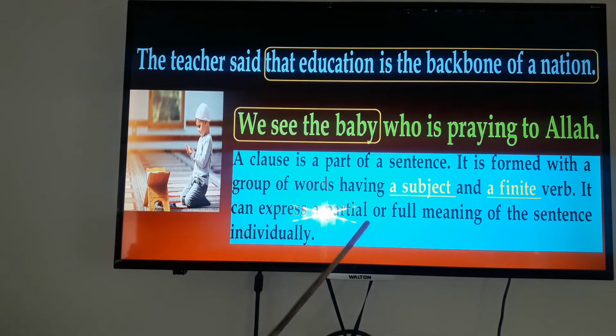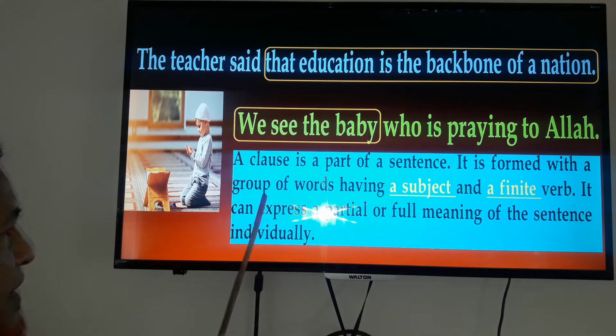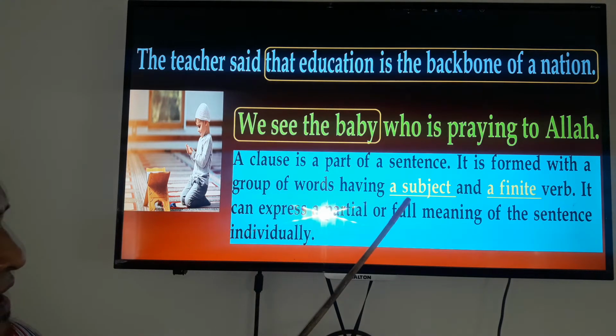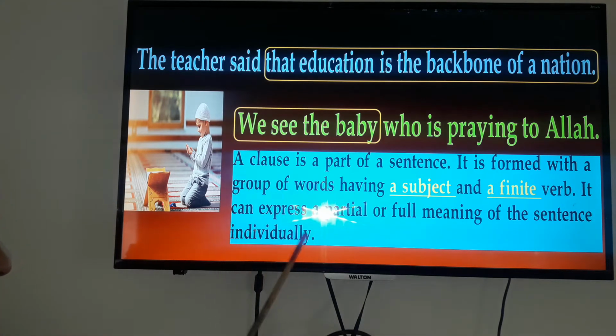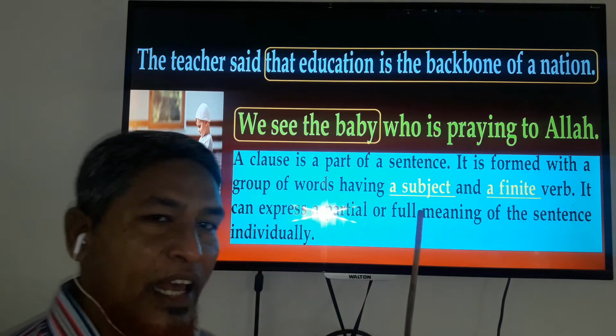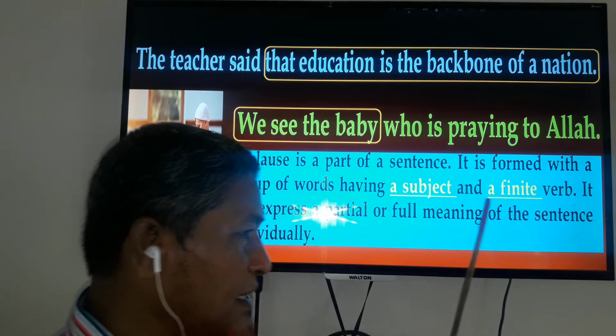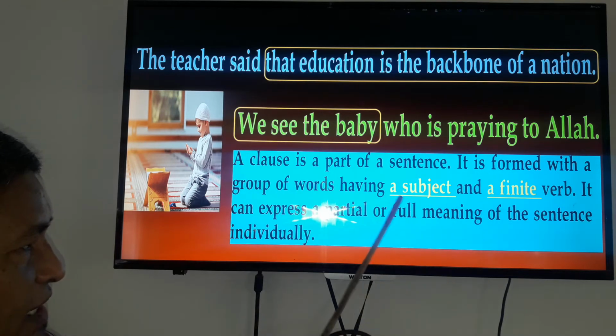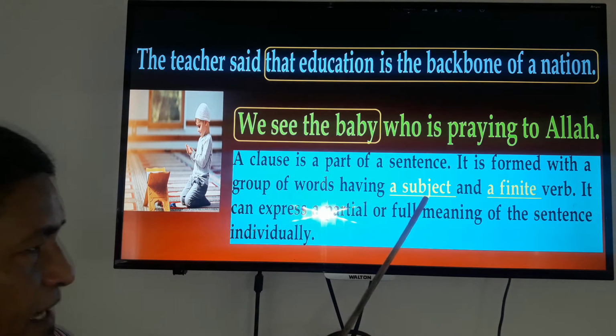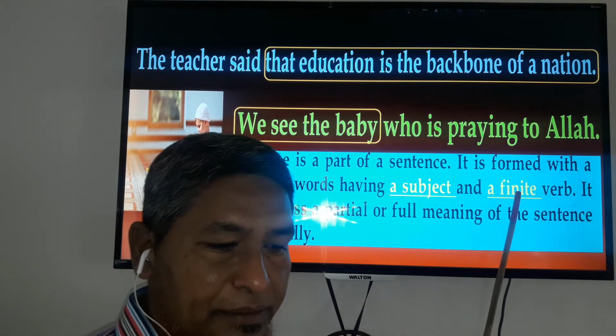So here is a definition of clause. A clause is a part of a sentence. It is formed with a group of words having a subject and a finite verb. It can express a partial or full meaning of the sentence individually. There are two marking words here: first of all a subject, and then a finite verb.